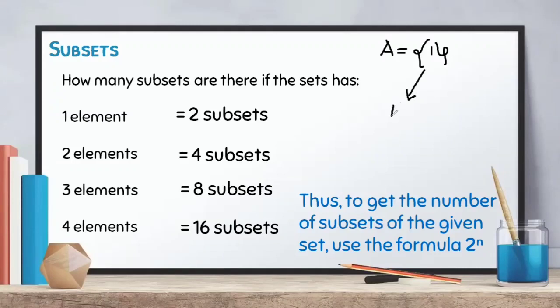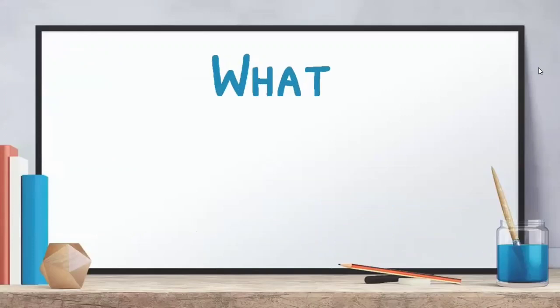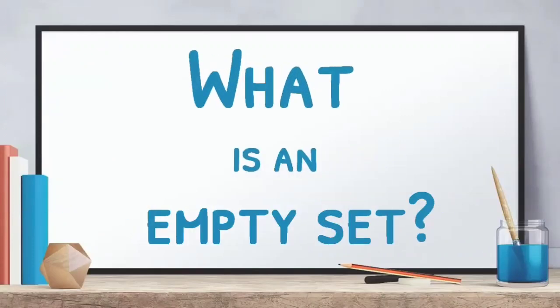Okay, and what will be the next subset? All right, and that would be our empty set. So that's why we have 2 subsets if you only have one element in the set. Any question? None.